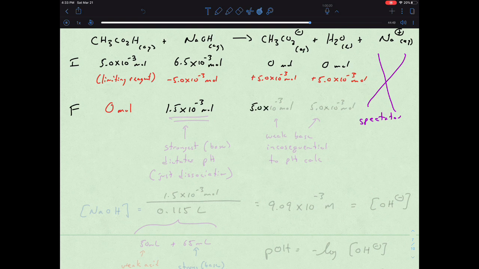And then we end up with 5 times 10 to the negative third moles of our acetate, as well as our water. Even though we have a couple different bases here, really we have 3 of them. The sodium hydroxide is a base, the acetate is a base, water technically can be a base as well, but this is the strongest.